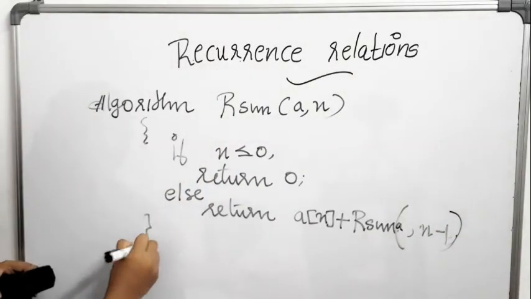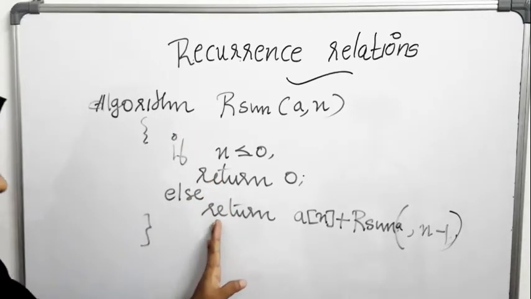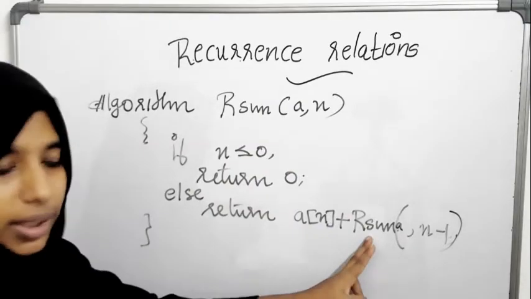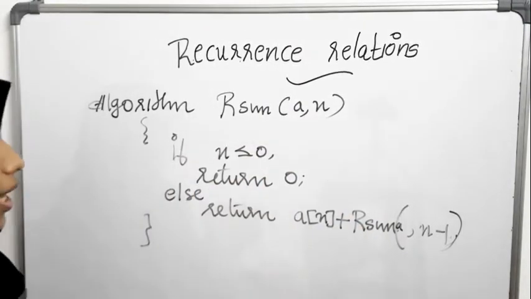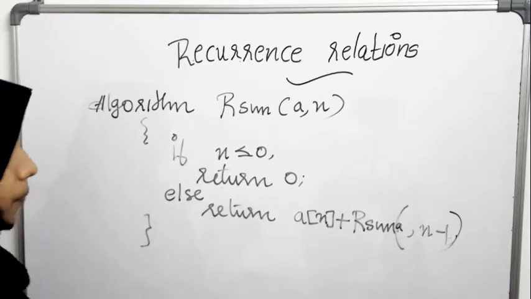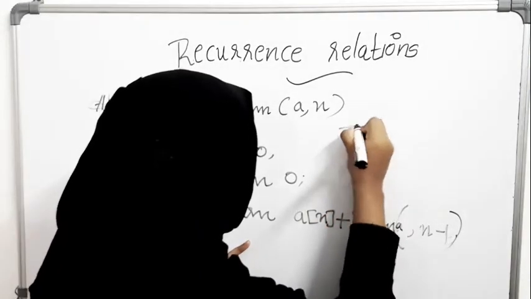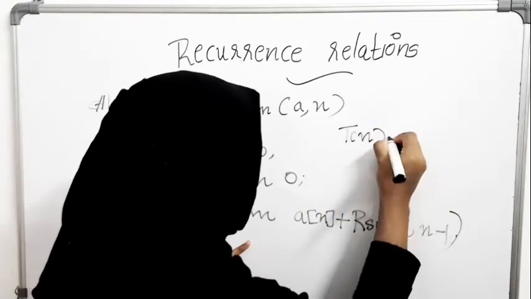You know that it is recursive because inside the algorithm we are calling the very same function again. ASM is being called from this point, so definitely this algorithm is a recursive one. Now let's see how to define the recurrence relation. We can write the time taken when the input size is n as T of n.